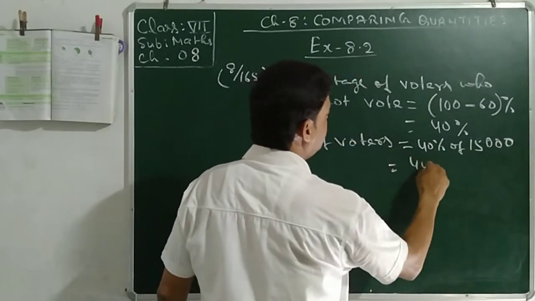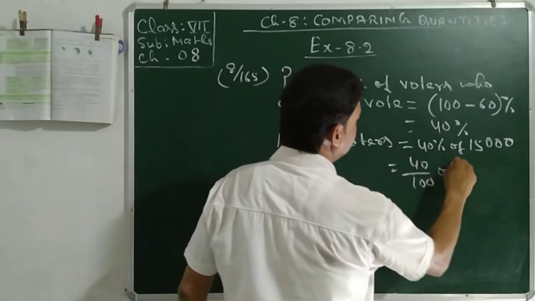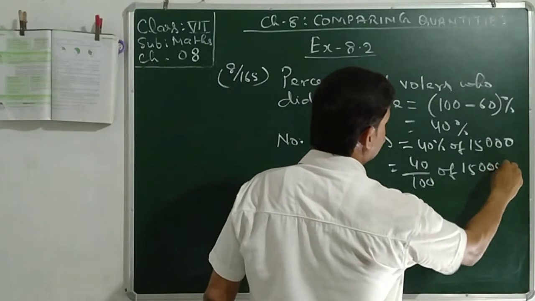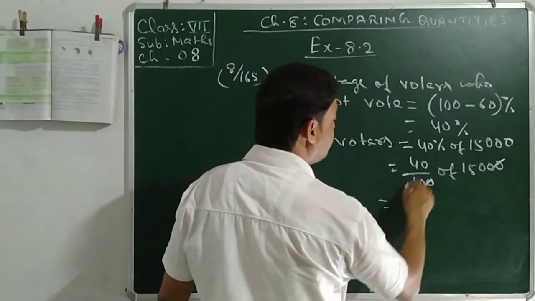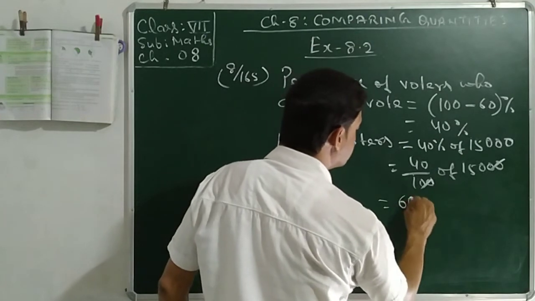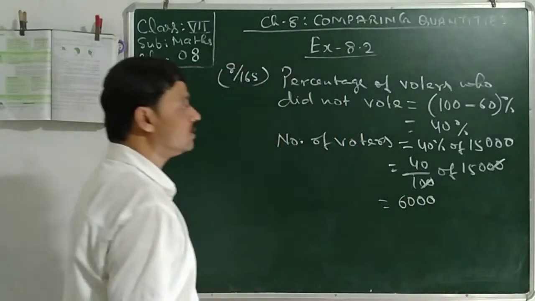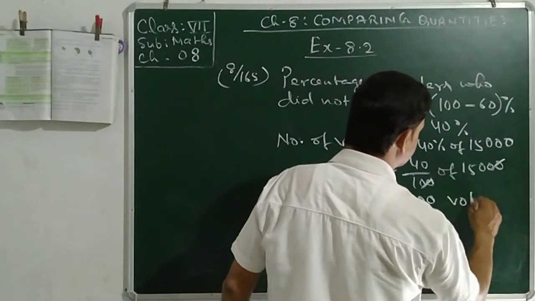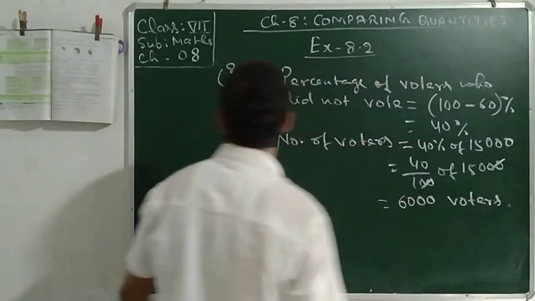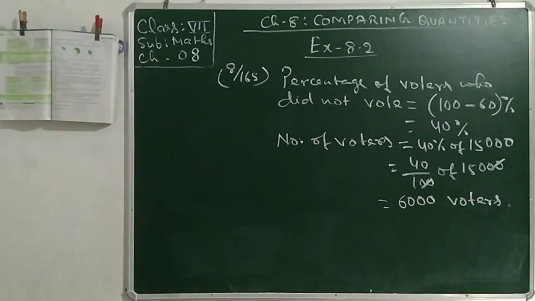That will be 40 by 100 of 15,000, and it comes to 150 into 40, 6,000 voters. This will be your answer. Come to the 9 number sum now.